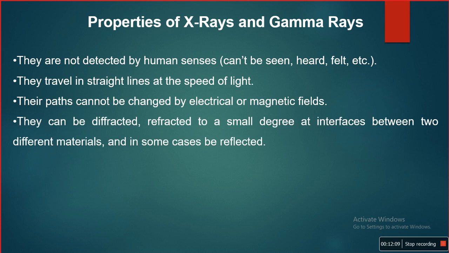They can be diffracted, refracted to a small degree at the interface between two different materials. Why? Because there is a difference between the densities of the two materials. So it is possible to diffract and refract these radiations.